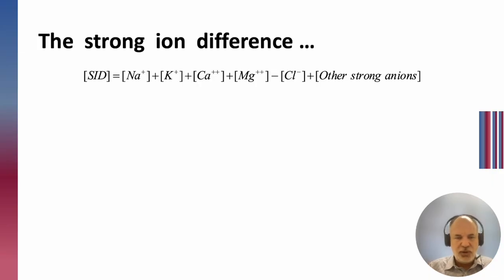If we switch to looking at strong ion difference now, the strong ion difference is the difference between all the strong cations, sodium, potassium, calcium, and magnesium, and the strong anions, chloride, and any other strong anions that may be present.